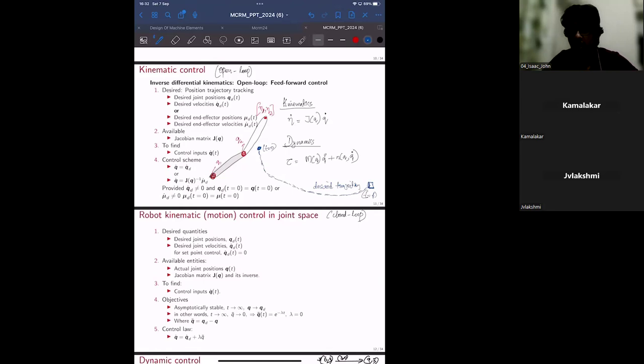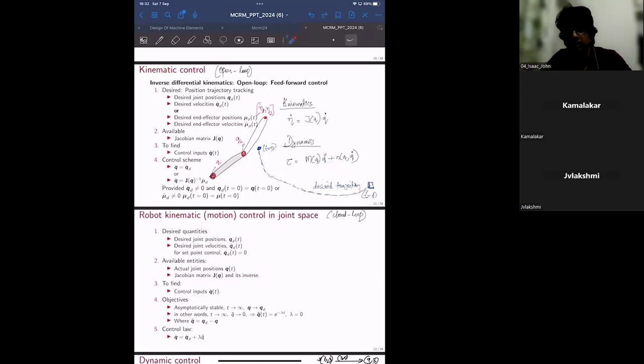So in any open loop scheme, what you do is simply plug this trajectory's coordinates into this equation, if you're only talking about kinematics, or plug them into the dynamic equation.